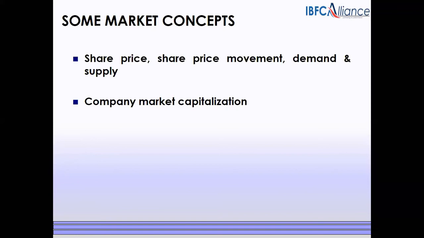So if last Thursday the share price closed at 100 naira, it means that when the market opens on Tuesday after the Easter break, the maximum that share can trade is 110, and the minimum it can trade is 90. But share price movements, generally, reflect demand and supply.